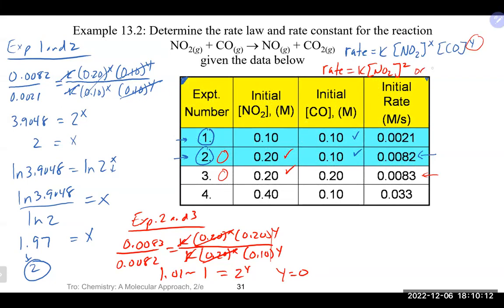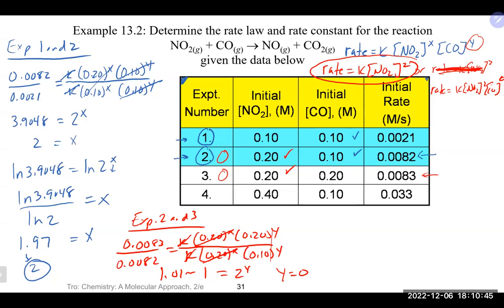Rate is equal to K NO2 squared and CO to the 0. You want to make sure that you do put the 0 there. Otherwise, if you don't put the 0 and leave it blank, it means it's an order of 1. So again, that's your 2 options. Probably the better option might just be to write it like that, so you don't accidentally leave it empty.